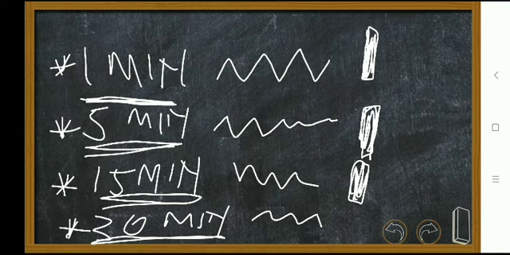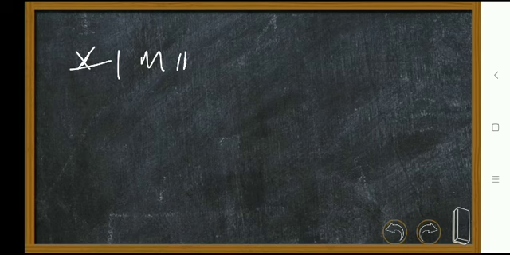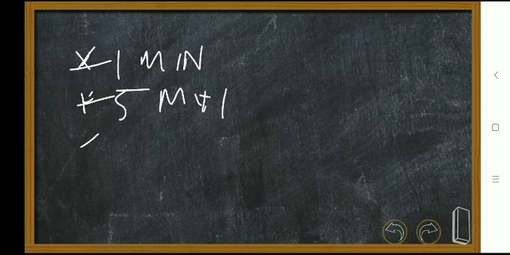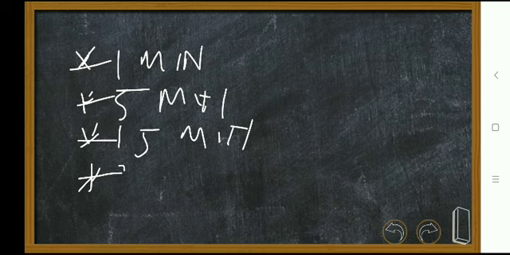For 1 hour, for 4 hours, for daily, for weekly, for monthly. I hope I'm making sense. So the time frames are: 1 minute, 5 minutes. Remember, they are visualizations. 15 minutes, 30 minutes.